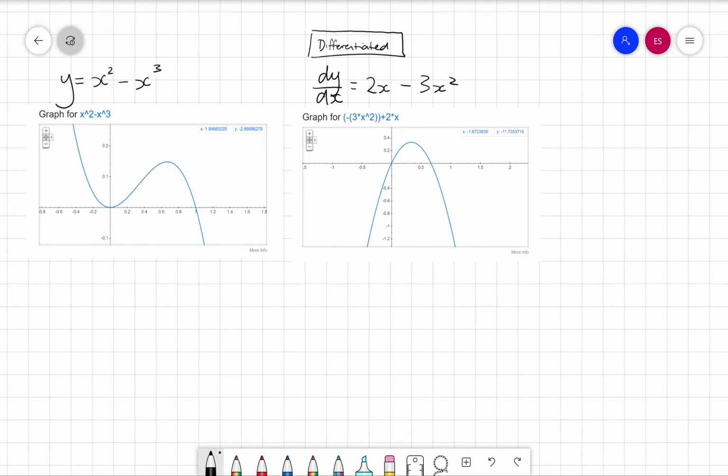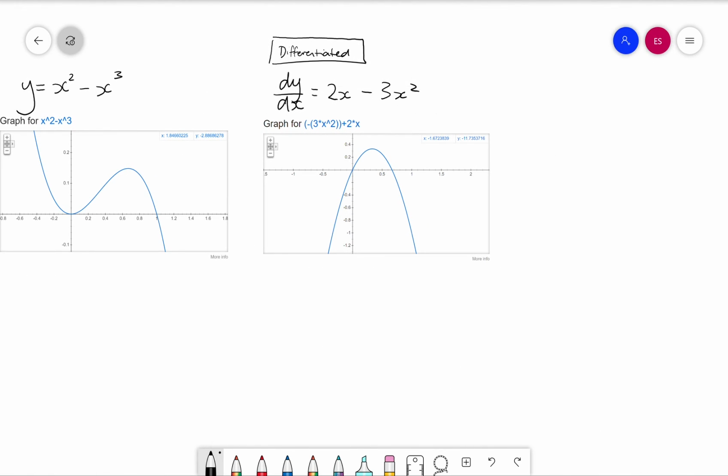Alright, if we look over here, this is the gradient function that we've just found, 2x minus 3x squared. We want to find when the gradient is equal to -1. So we could actually just graph this, which is what I've done here.